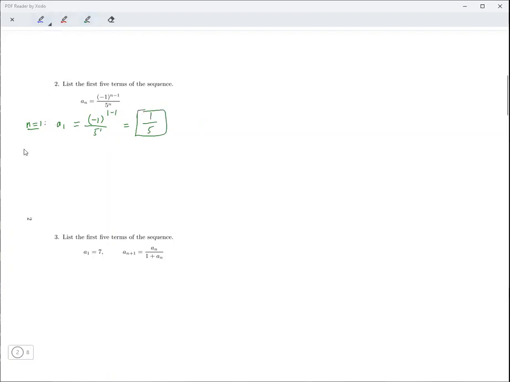And then when n is 2, basically just replace that with a 2, replace these with 2s. That's negative 1 over 25 will be the next one. And n equals 3, then replace that with a 3, replace that with a 3. And this is negative 1 squared, which is going to be 1. And then 5 to the 3rd is 125.